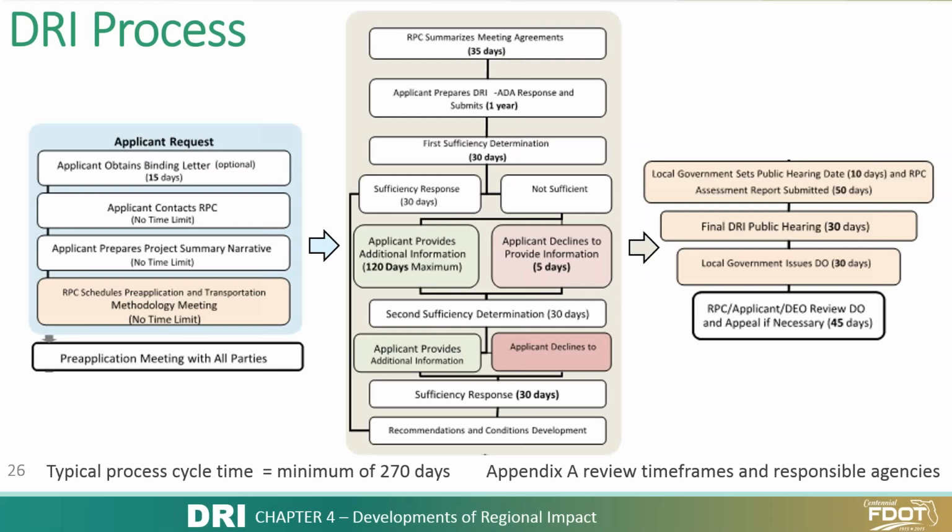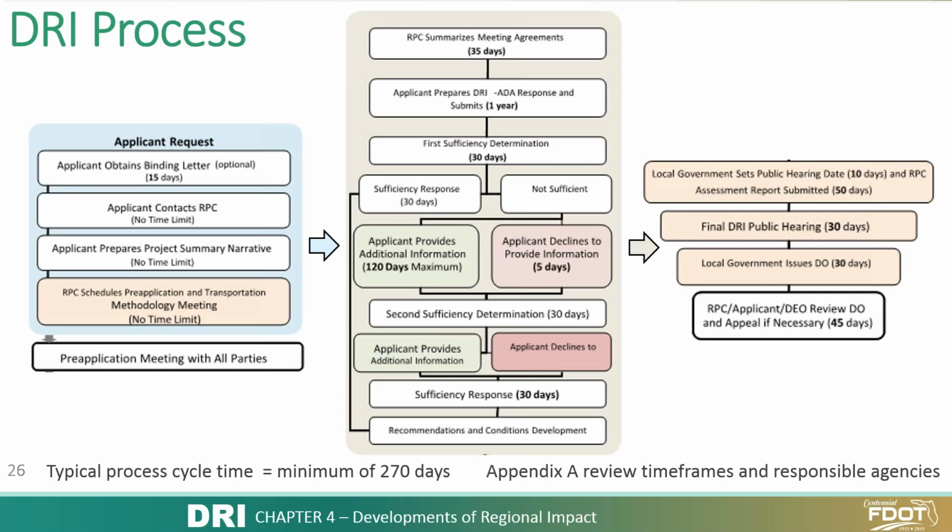Major areas I would like to talk about is towards the beginning on your slide, towards the left, is the binding letter. The binding letter was something that was optional to help a developer get an understanding of whether or not their development would qualify as a DRI. After a binding letter has been received, they can move forward with their process.